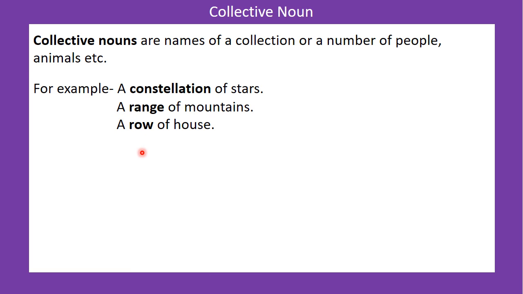Instead of saying a group of houses which are in the street, we can directly say there is a row of houses in that street. So row itself says that it is a group of houses. So in this slide we have learnt about collective noun. Let's move on to our next slide.